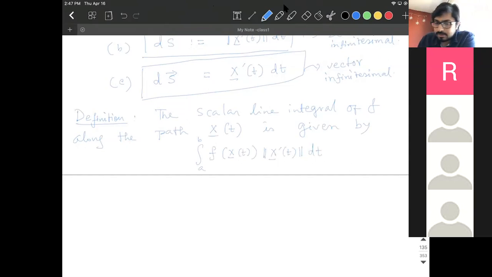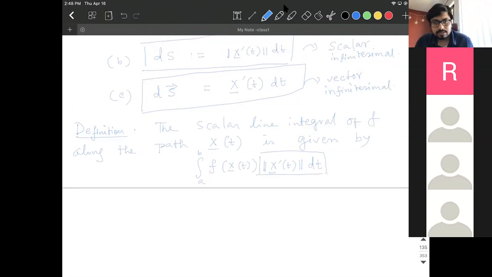Okay, so it's not just this part which computes the length of the path, but you have this variable function too. So together, this product, f of x(t) times norm of x prime t, computes the infinitesimal mass at one point, and then you integrate from a to b to get the total mass. So that's the significance of a scalar line integral.